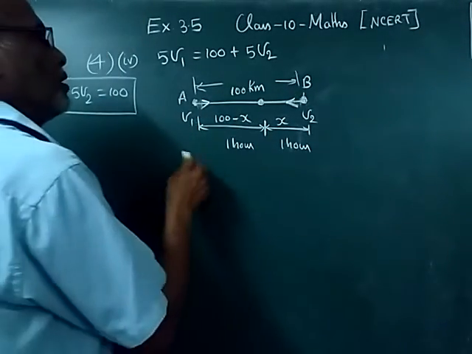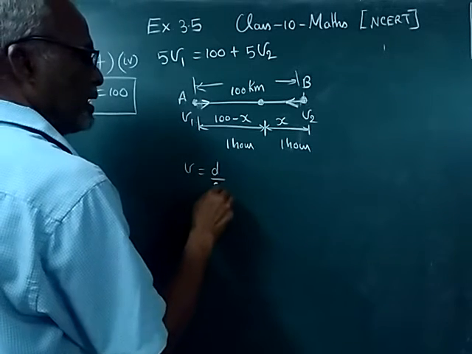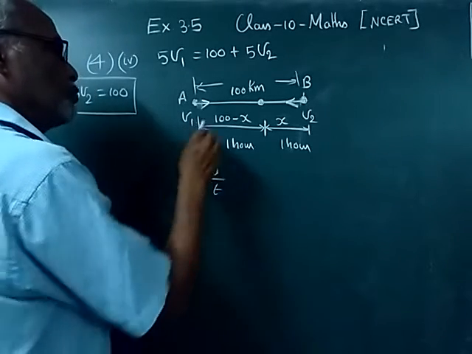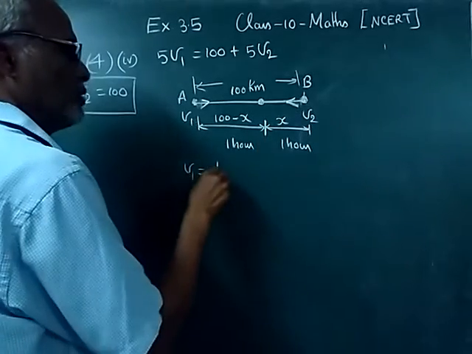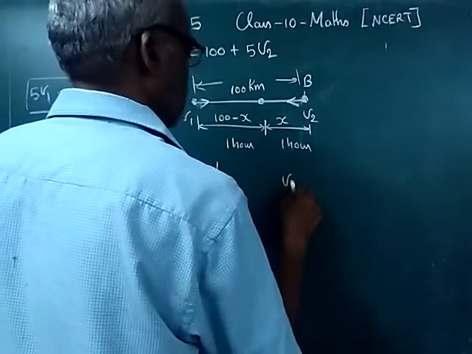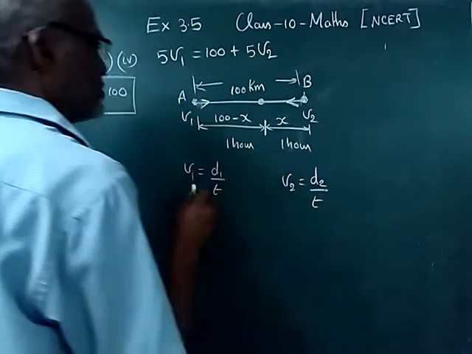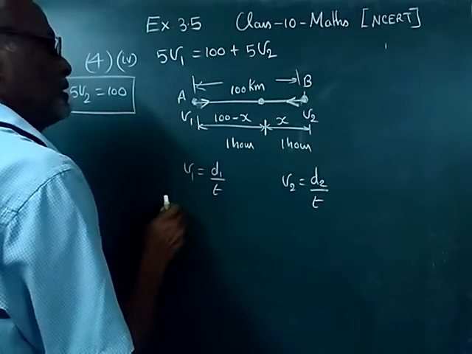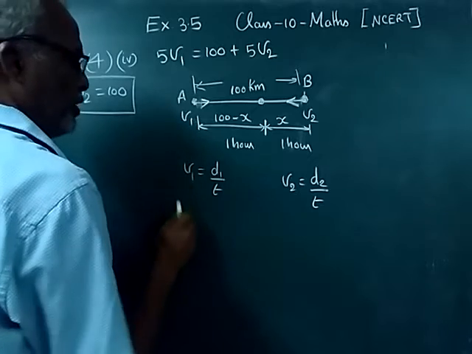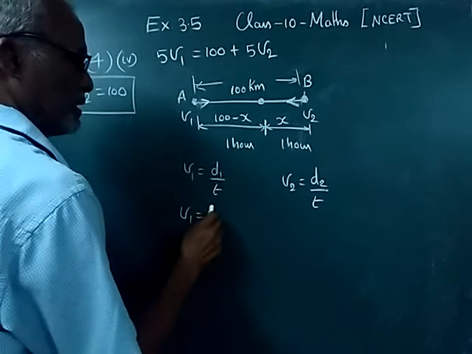Okay. Now we all know that velocity is equal to distance by time. So two different velocities and two different distances. Similarly, for the second case, v2 is equal to distance by time. So first case, the speed we don't know, v1, but the distance I know, it is 100 minus x.